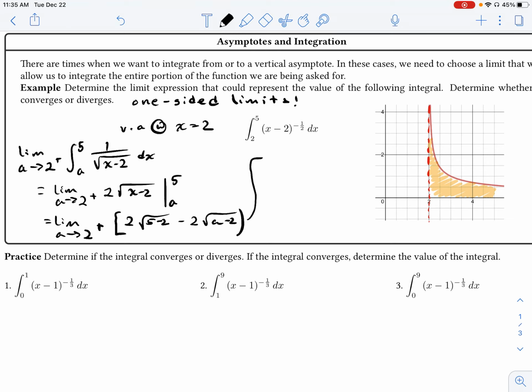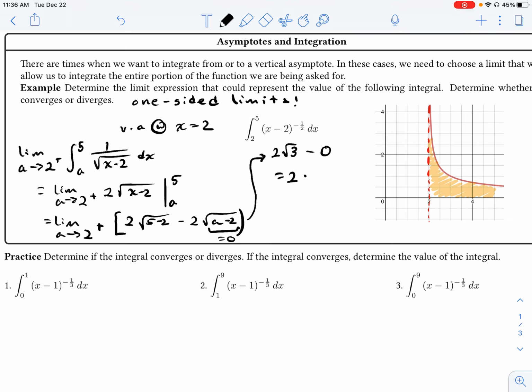Let's continue evaluating over here. If we plug in that 5, that just gives us 2 root 3. Nothing about that limit is going to affect that. Now let's evaluate the limit of negative 2 root a minus 2 as we approach 2 from the right. If we're approaching 2 from the right side, then a minus 2 gets closer and closer to 0, and anything times 0 is just 0, so that gives us minus 0.